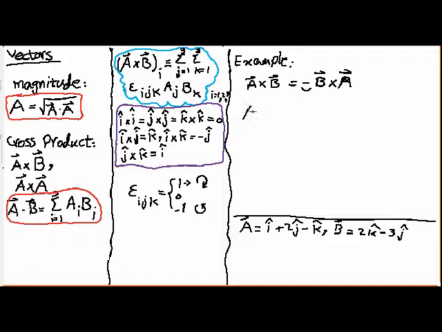But in dot product, that would be the same, A dot B equals B dot A, and you can use these basic equations to prove this. So remember these. For example, i hat cross k hat equals minus j hat. That means k hat cross i hat equals j hat.